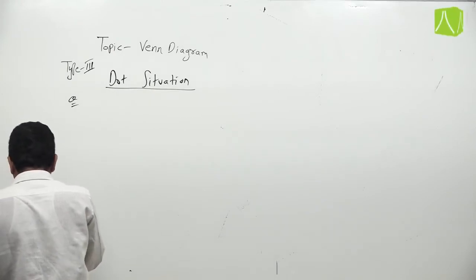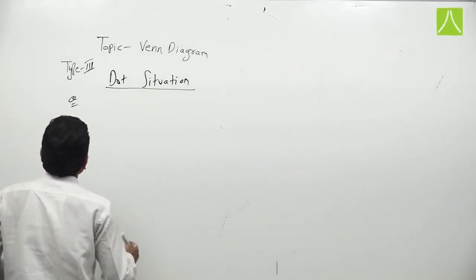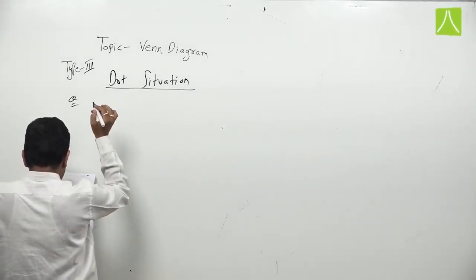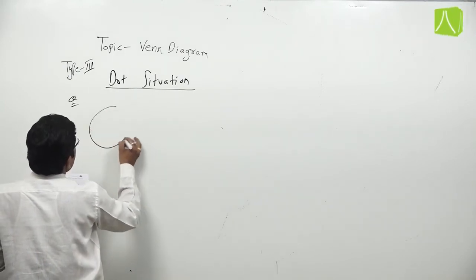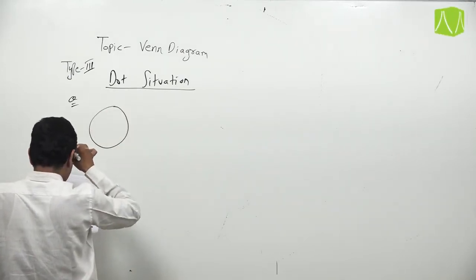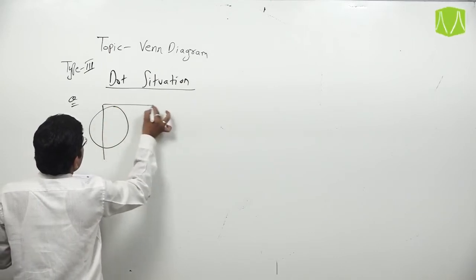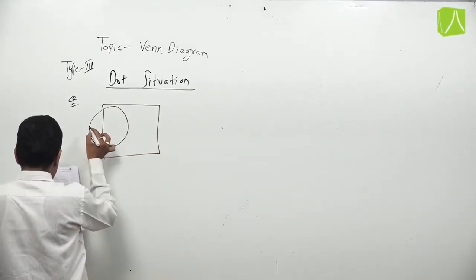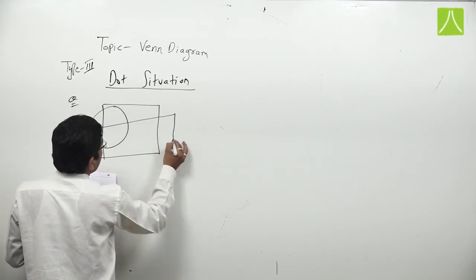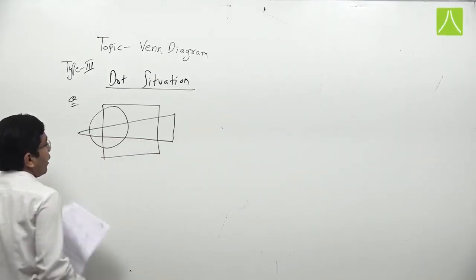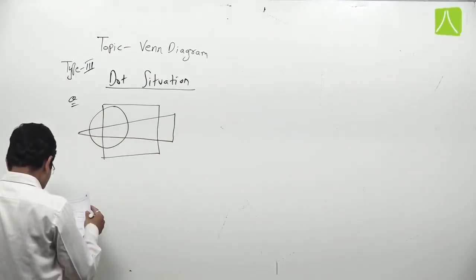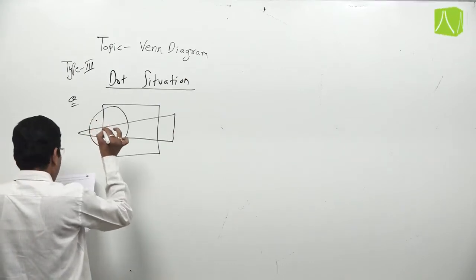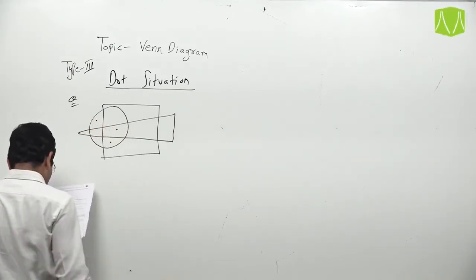Suppose the question is given that our figure is a circle, a square, and a triangle, and the situation of dots is first, second and third.